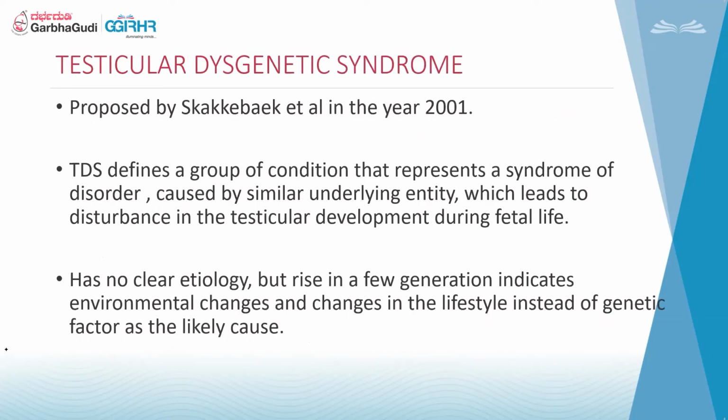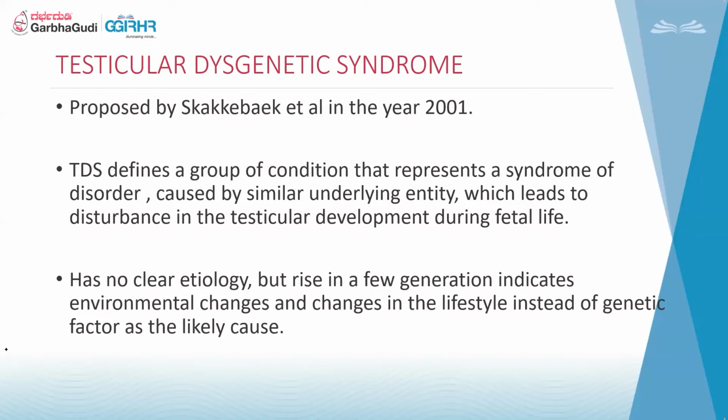So, testicular dysgenesis syndrome. This was proposed by Skakkebaek in the year 2001. This group of scientists formulated this terminology of testicular dysgenesis syndrome, which is defined as a group of conditions that represents a syndrome of disorders, usually caused by a similar underlying entity which leads to disturbance in testicular development during fetal life.